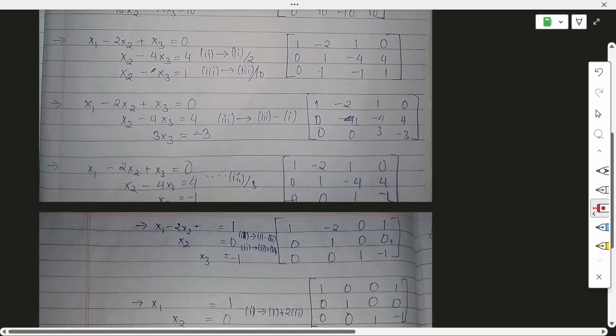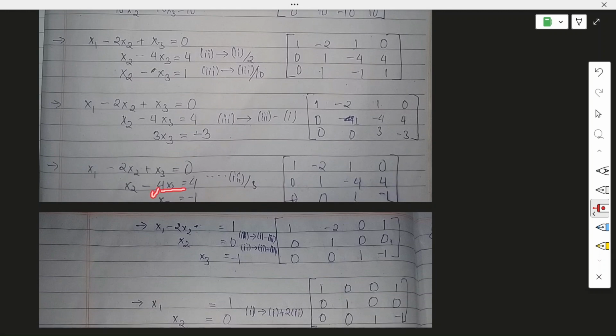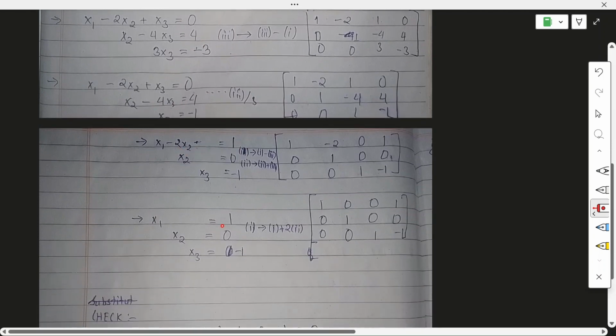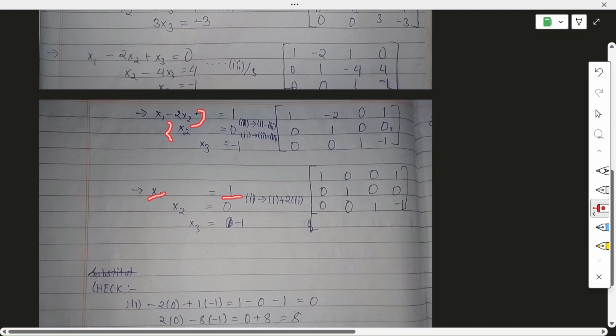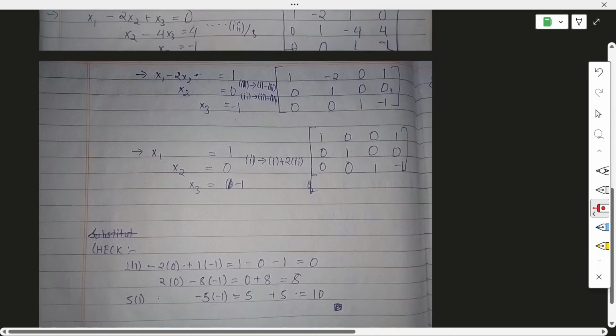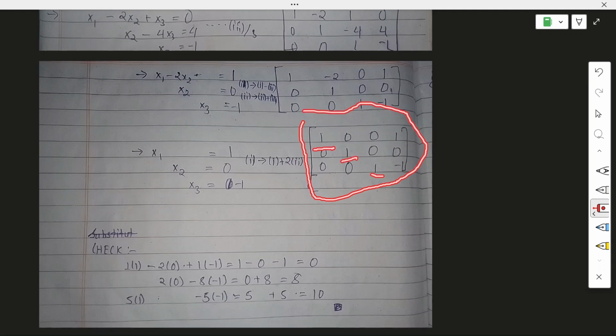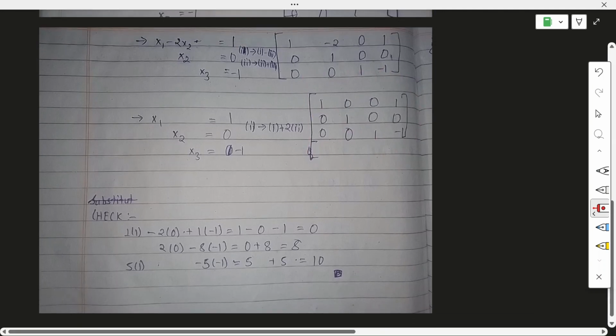Doing back substitution, we multiply by 4 and add, and we get x2 equals 0. Then by multiplying by 2 and adding, we get x1 equals 1. So we solved the system, and we can check these values. Here 1, 1, 1 are x1, x2, and x3 entries. We call these pivots. We will be discussing them in a later chapter.